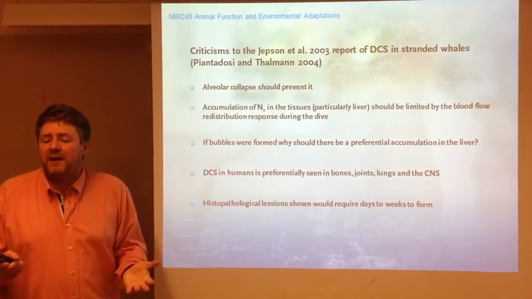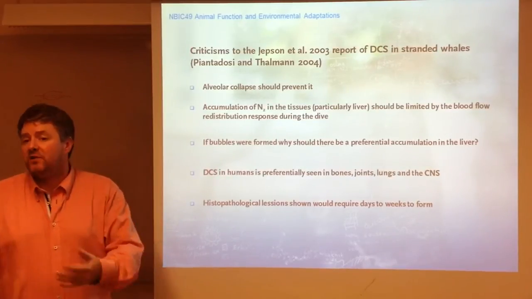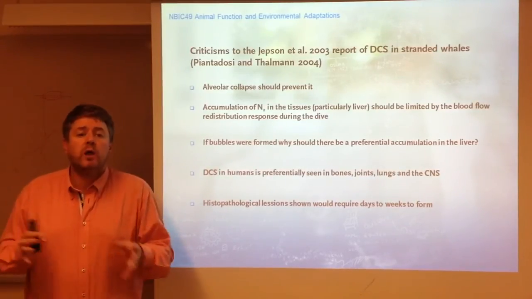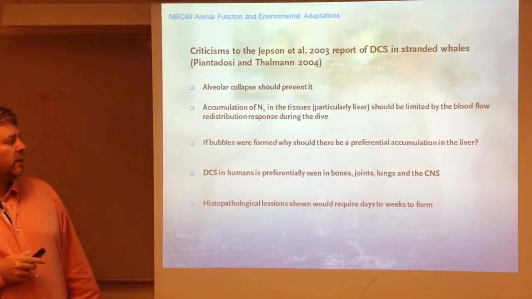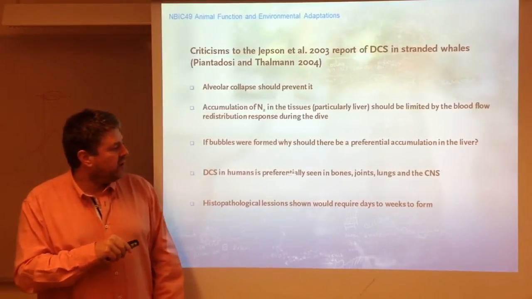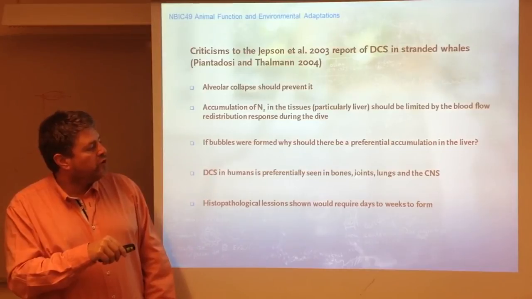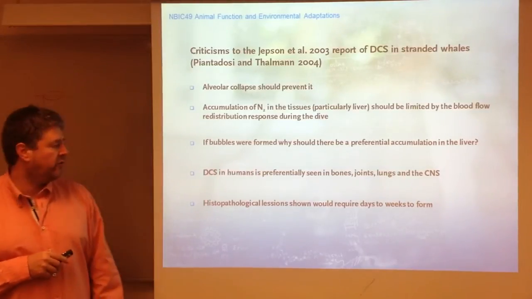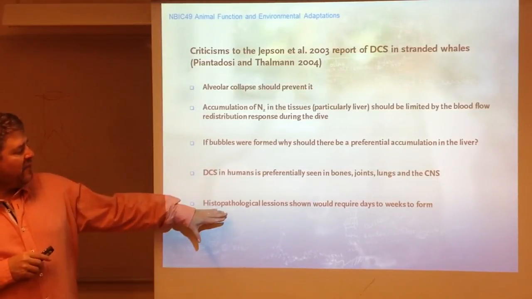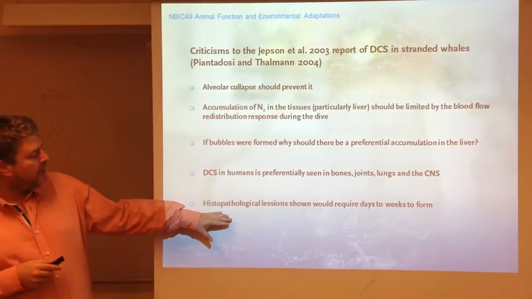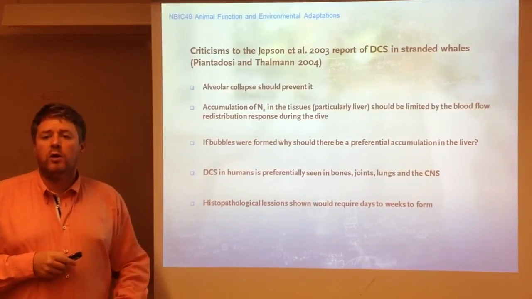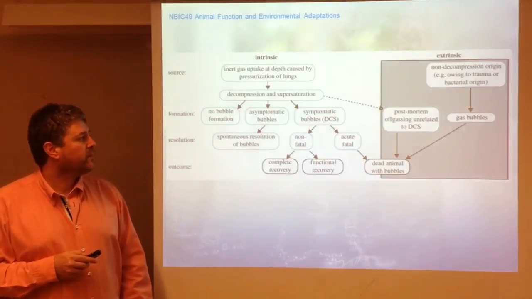You would expect the bends to happen as in humans, where it's preferentially seen in bones, joints, lungs, and even the central nervous system. The critics also claimed that the histopathological lesions shown would take a much longer time to form.